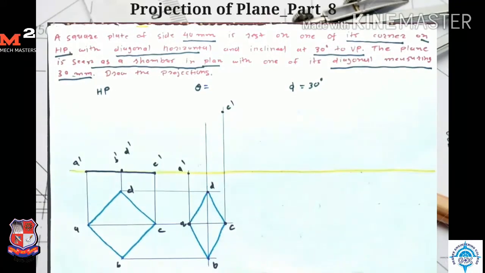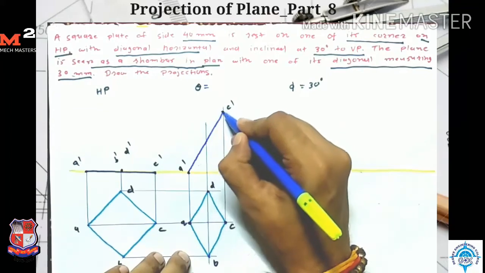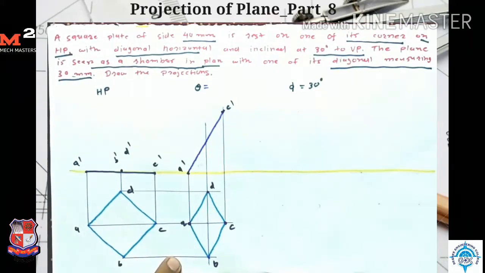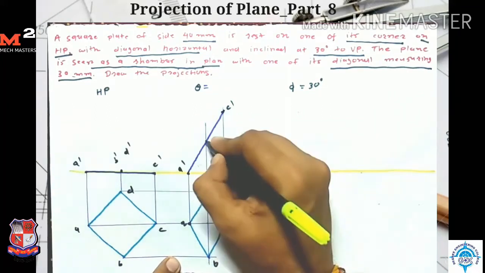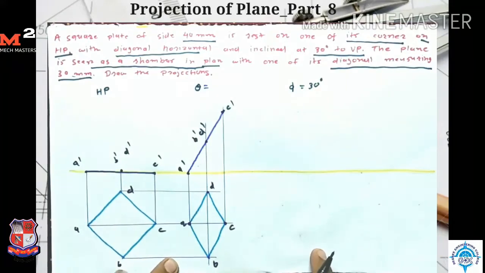Now I simply connect A dash C dash. So here point B and D I get here, point B dash and D dash here.